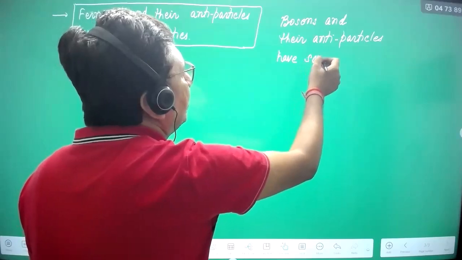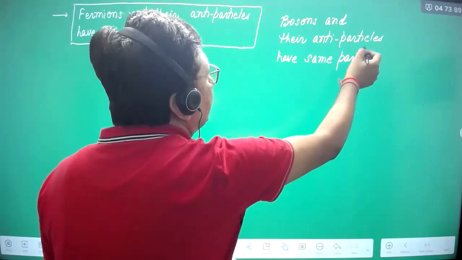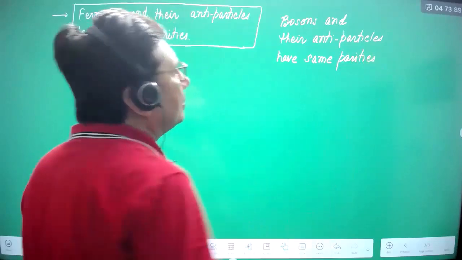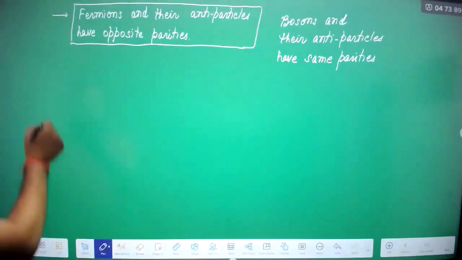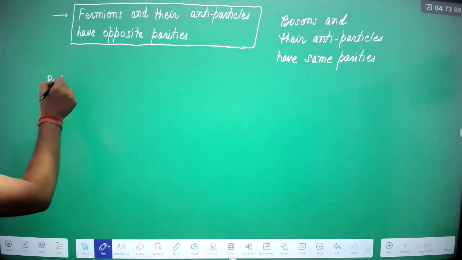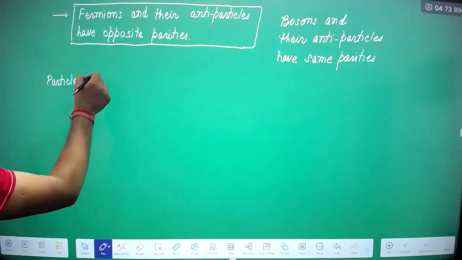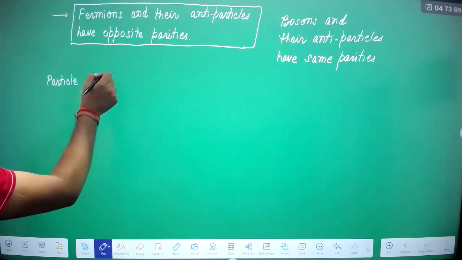So now here I'm writing first the particle. Particle means leptons. And then antiparticle.